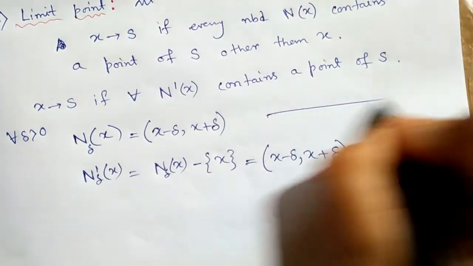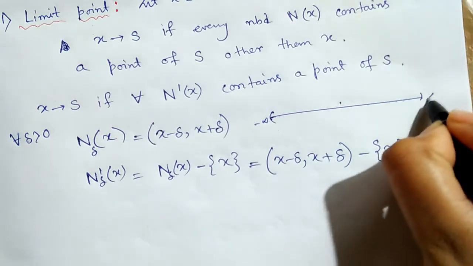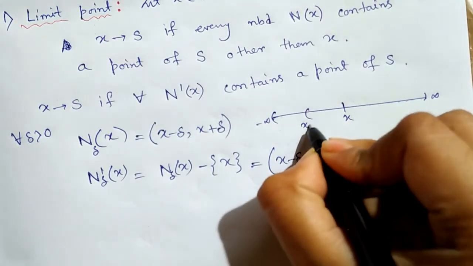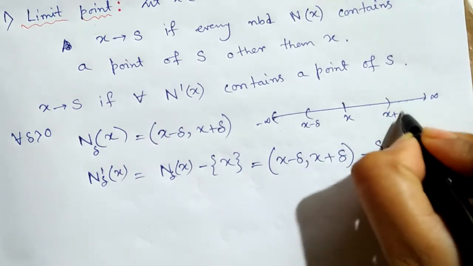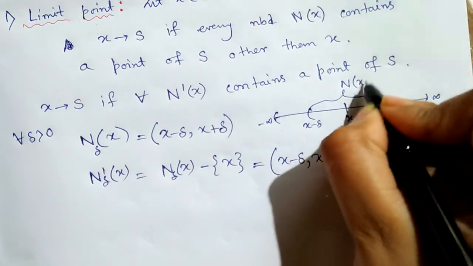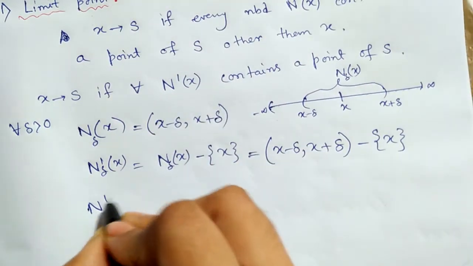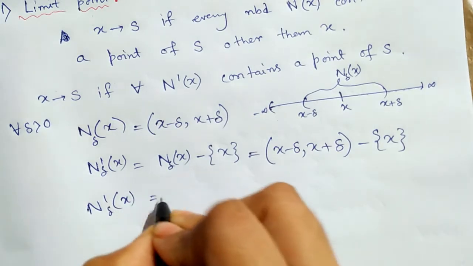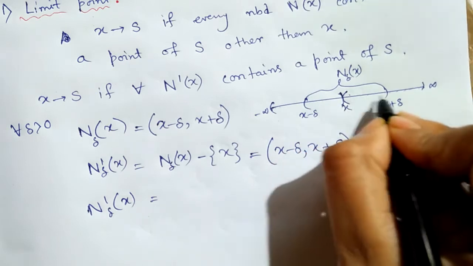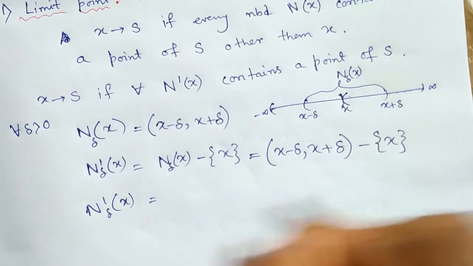So see, if this is the real line, and this is x, this is x minus delta, this is x plus delta, then this total is N(x, delta), and N dash (x, delta) can be written as the union of these two open intervals, so that we omit the point x.